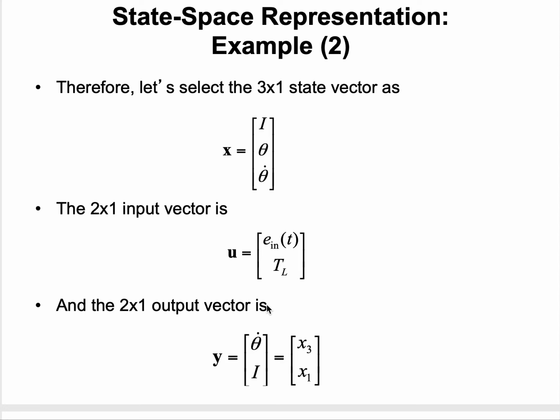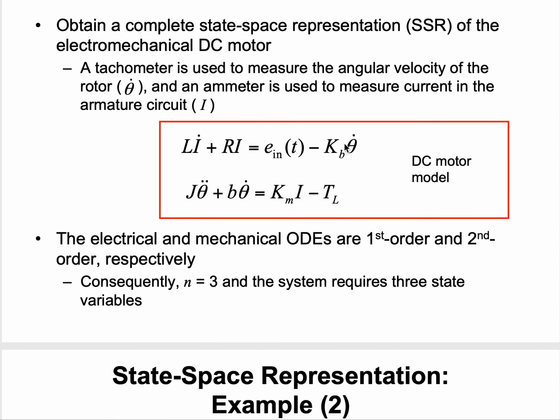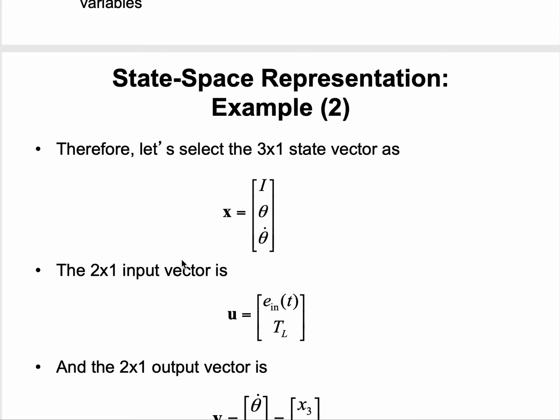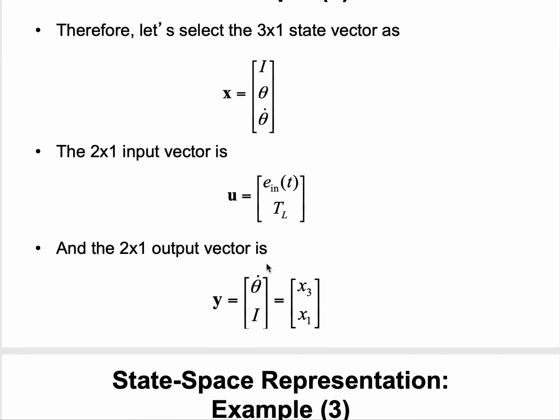And assume that the output, actually not assume, it is given in the example. A tachometer is used to measure angular velocity, theta dot, and an ammeter is used to measure the current. So my output is theta dot and i. Actually, theta dot is the third state variable and the current is the first state variable. So I can write it like this.